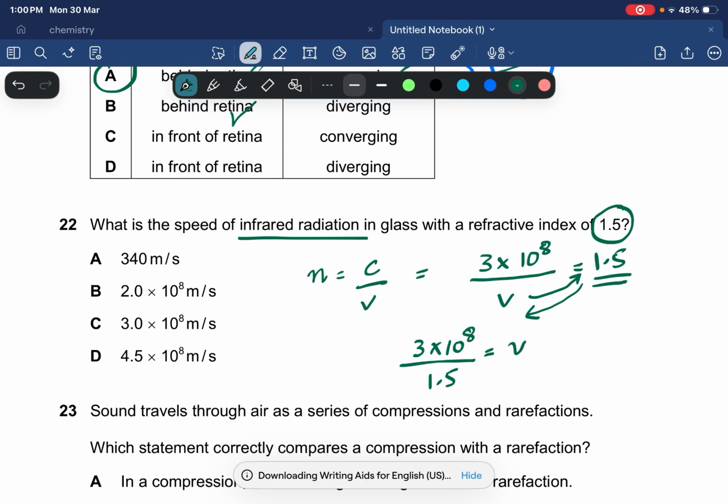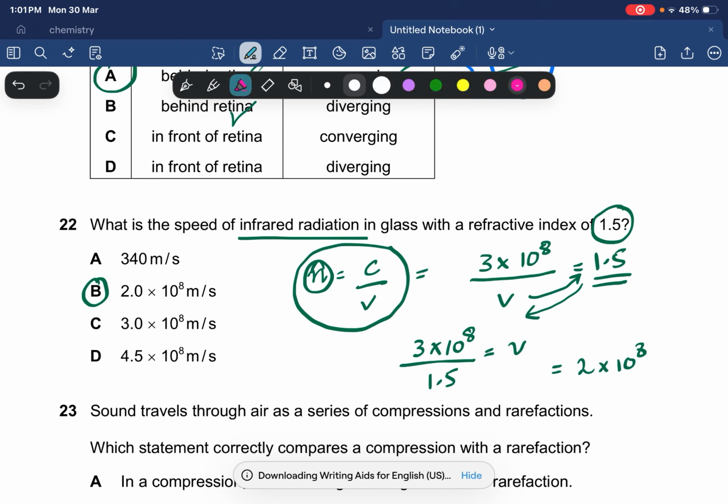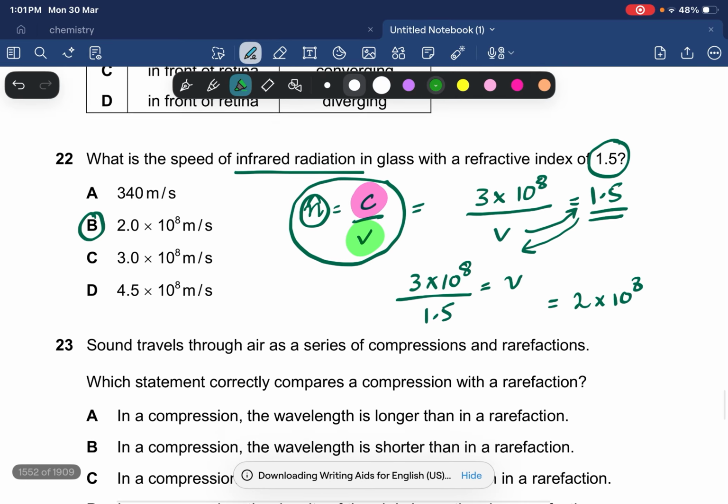And if you put it in a calculator, you are going to get 2 into 10 raised to power 8. So this is the formula that you have to learn. Over here, n is basically your refractive index, c is the velocity of light in vacuum, and v is the new velocity that you want.